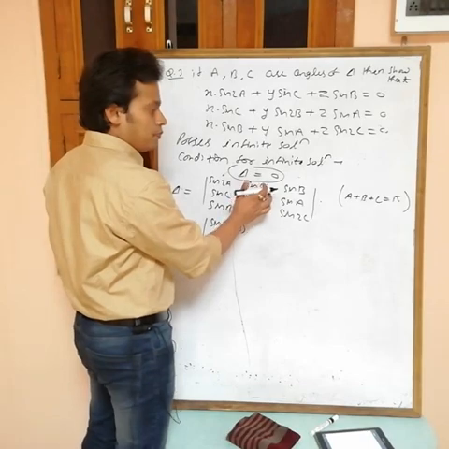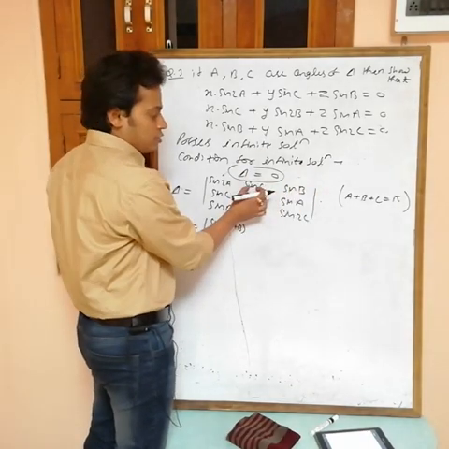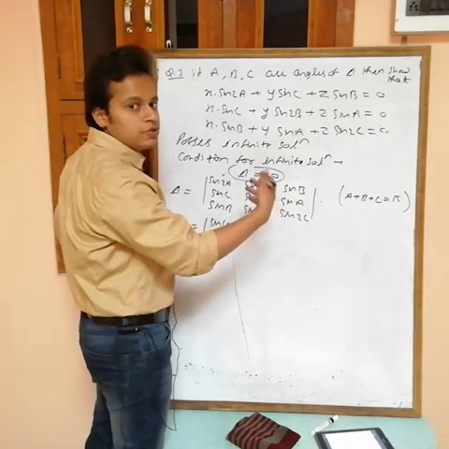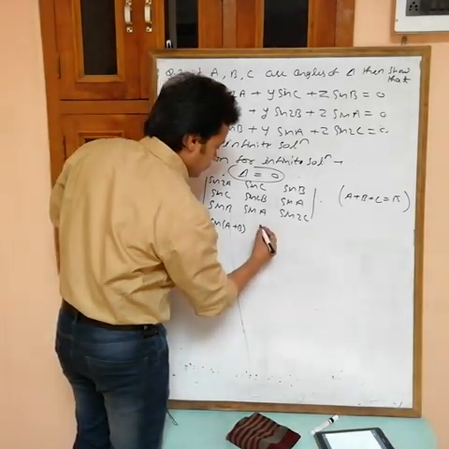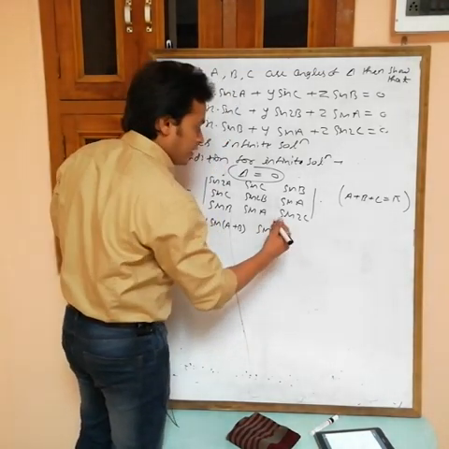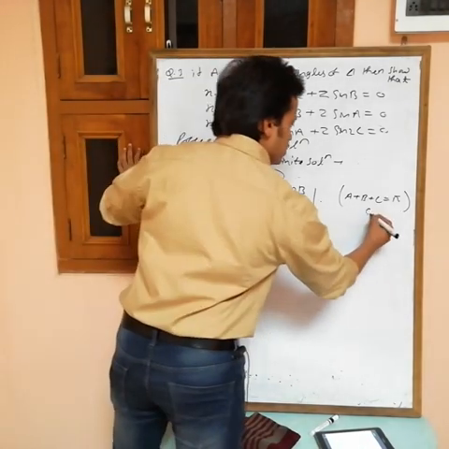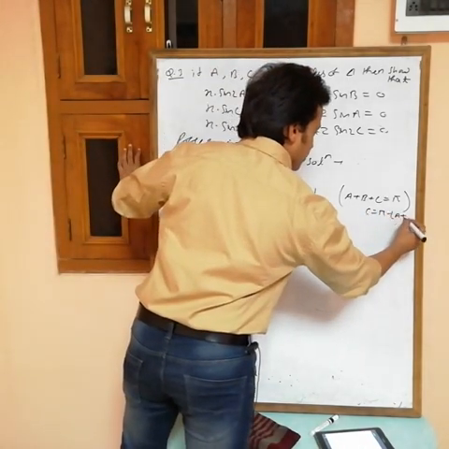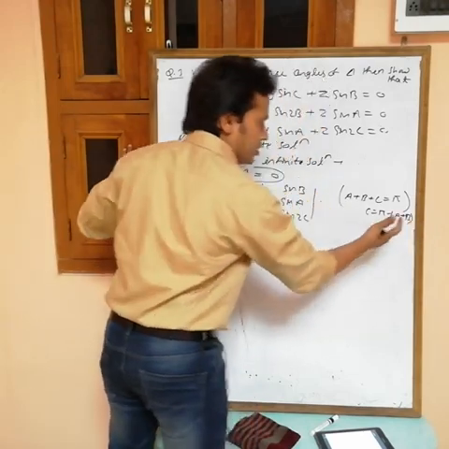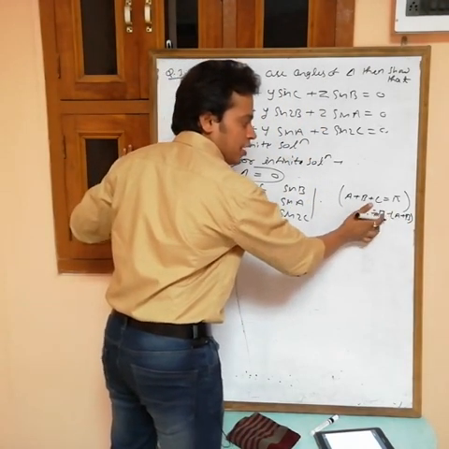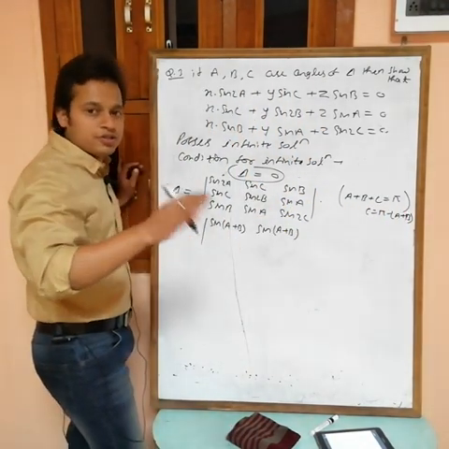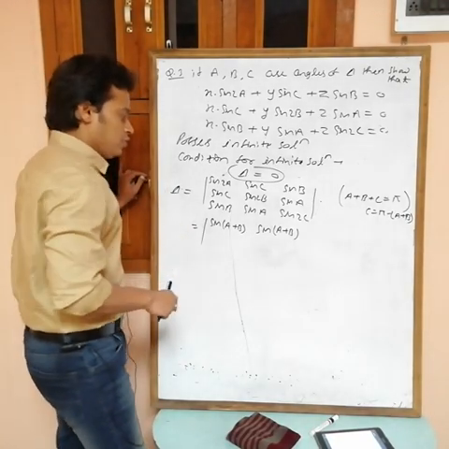So sine C can be written as sine pi minus A plus B. Now we know that sine pi minus theta equals sine theta. So sine C equals sine A plus B.